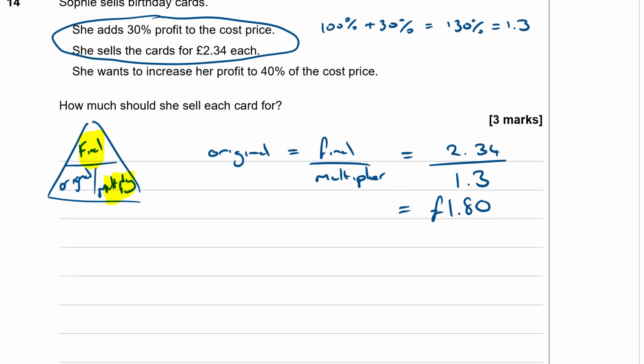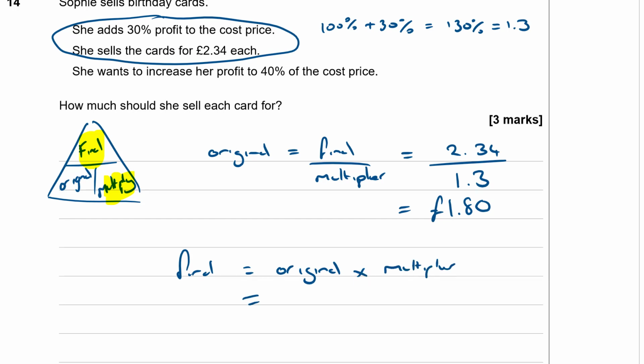Now, she wants to increase her profit to 40% of the cost price. So now she wants to add on 40%. So we're going to do a normal percentage here, where we want the final and we've got the original and the multiplier. So our final price is equal to our original price times our multiplier.